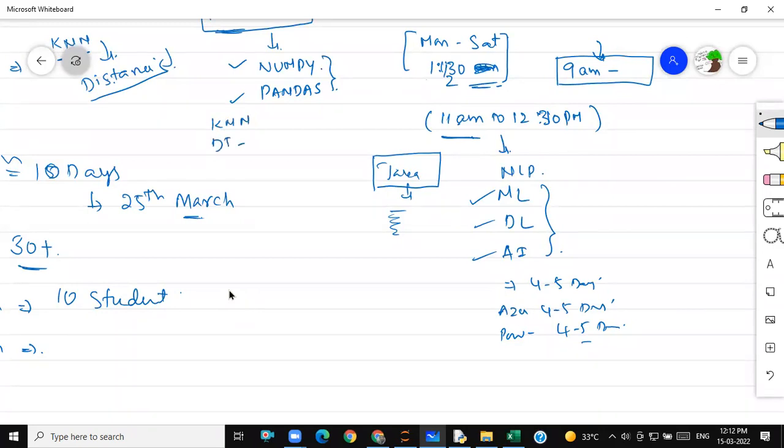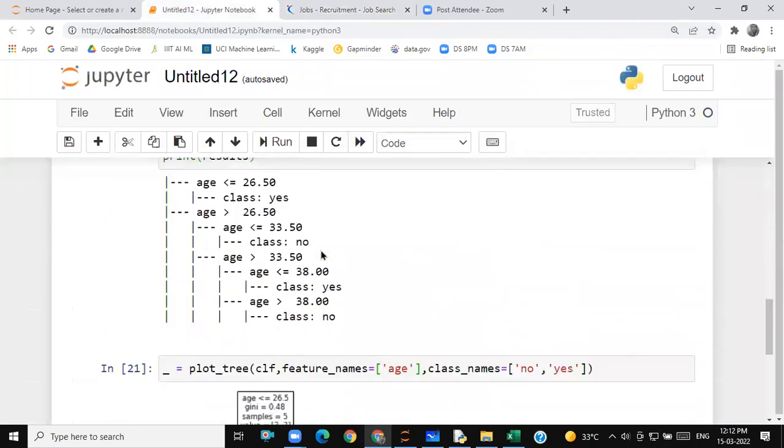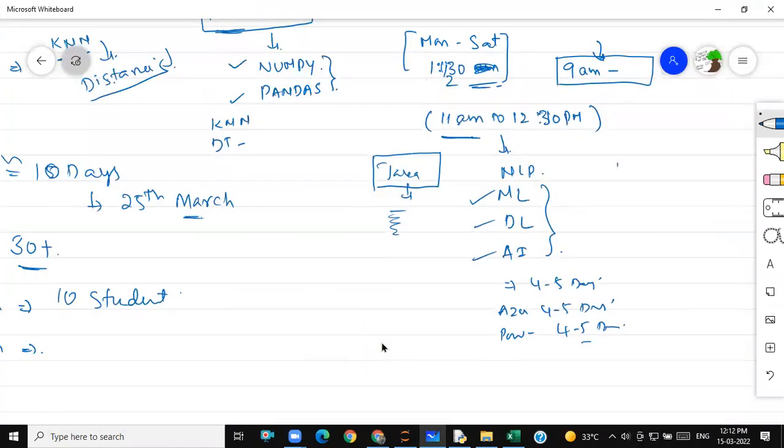For example, what is the Gini index? How is the Gini index calculated, and how is entropy calculated? It works on two concepts, Gini index and entropy. To understand entropy only, the maths behind it will take 2 days. When you go to deep learning, it is derivatives, so we are also going to discuss the derivatives concept.